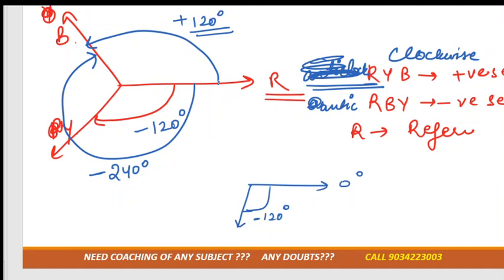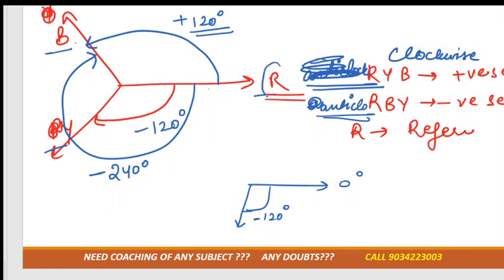If we are going clockwise, then it is R, Y, B, so it is a positive sequence. If we are going anti-clockwise, meaning R, B, Y, then it is a negative sequence.